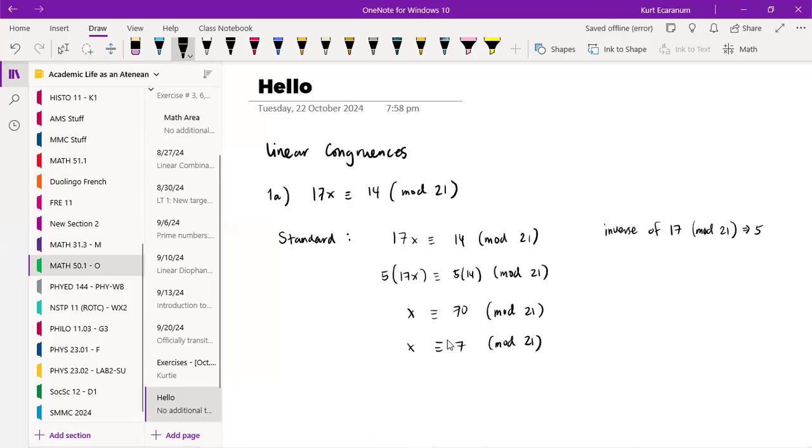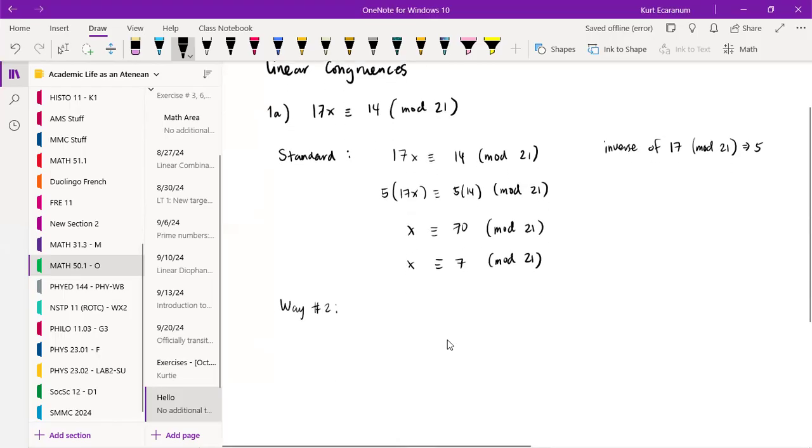But halimbawang ayaw mong computein gamit ng inverse. So this is one alternative approach we can make. So starting from 17x, we can make 17 smaller eh. And by smaller, I mean smaller to either 1 or negative 1 na matatapos yung congruence natin.